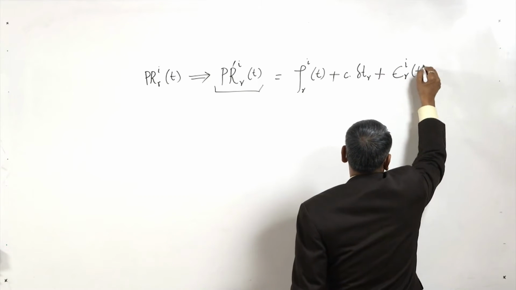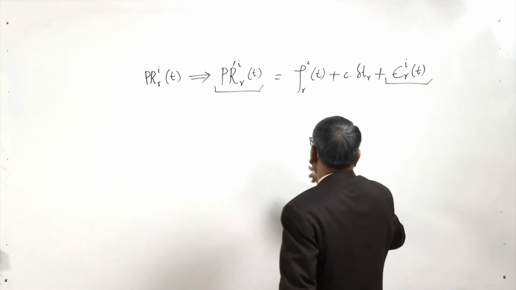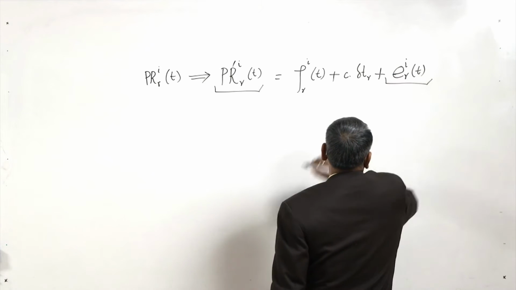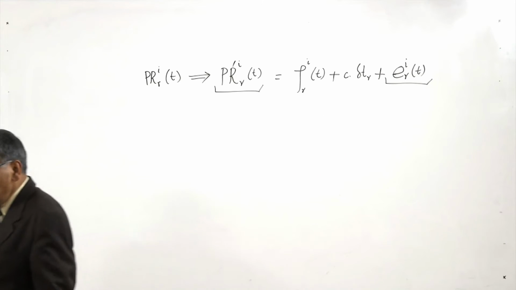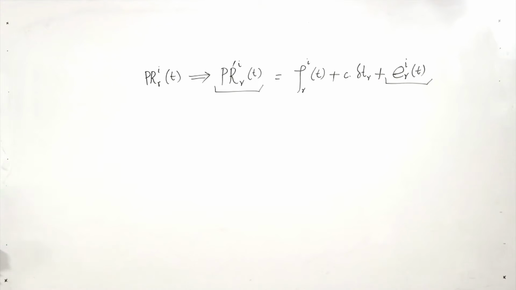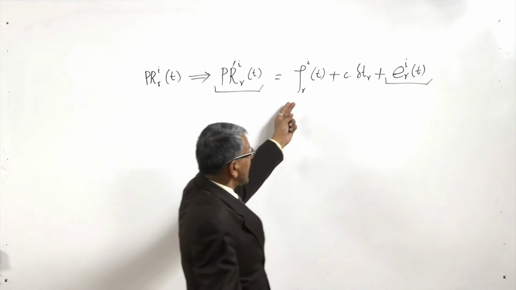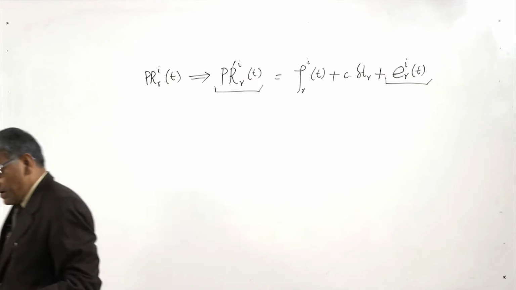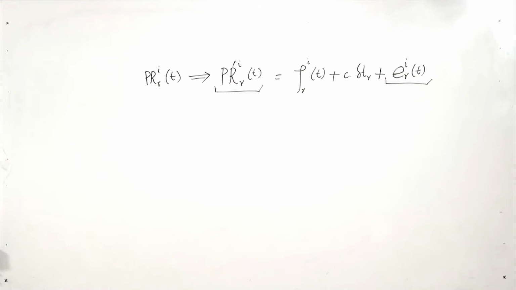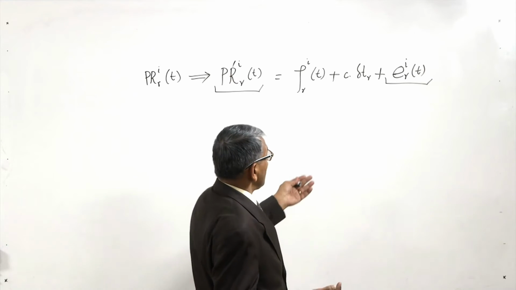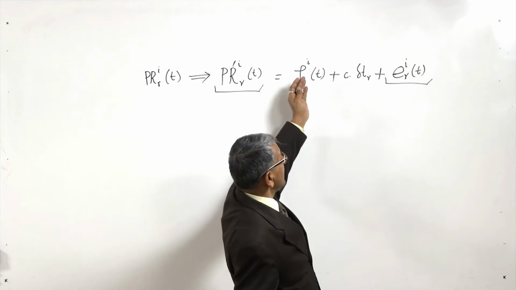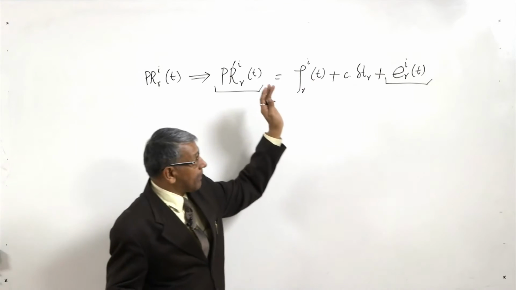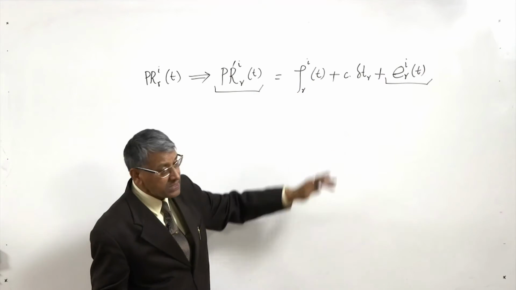Suppose I have defined this as E, so that you understand that the errors that were available, like satellite clock error, ionospheric error, tropospheric error, and many other errors, have been removed or minimized.